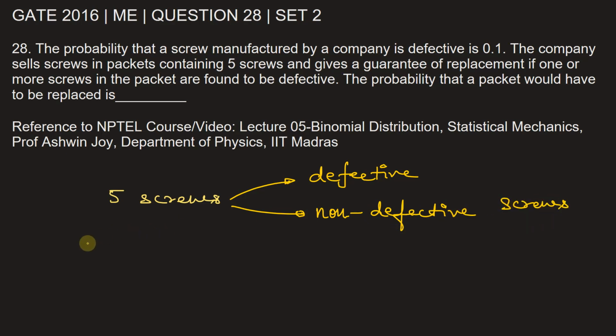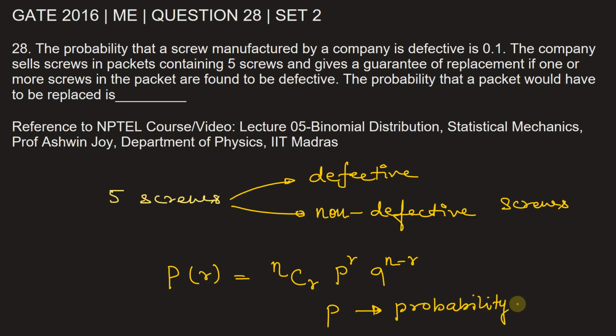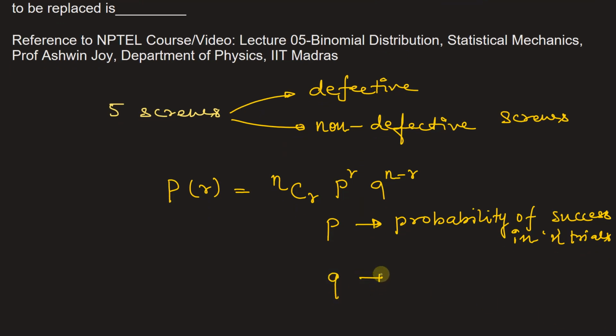So here we can use the concept of binomial probability distribution, which says the probability of R successes in n number of trials can be given by nCR P to the power of R and Q to the power of n minus R, where P is the probability of success in n trials and Q is the probability of failure in n trials.